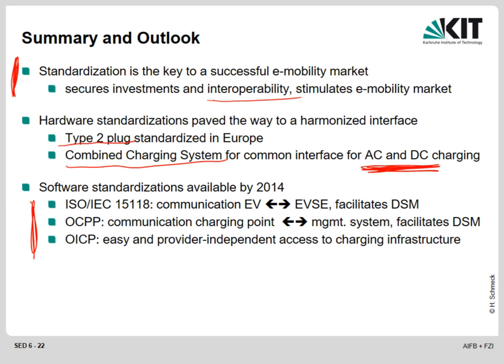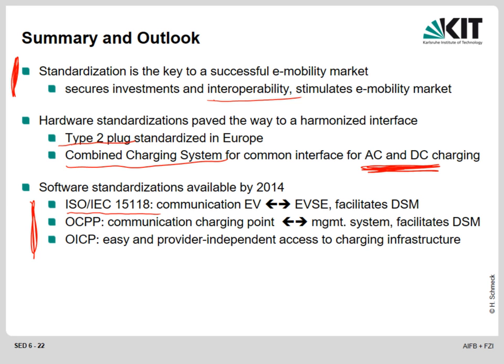The problem actually is, if you look at all the charging stations that are out there, it is not the case that all of them talk ISO 15118. Quite a few just use a very simple charging method where the provider of a charging station does not actually schedule the charging process.